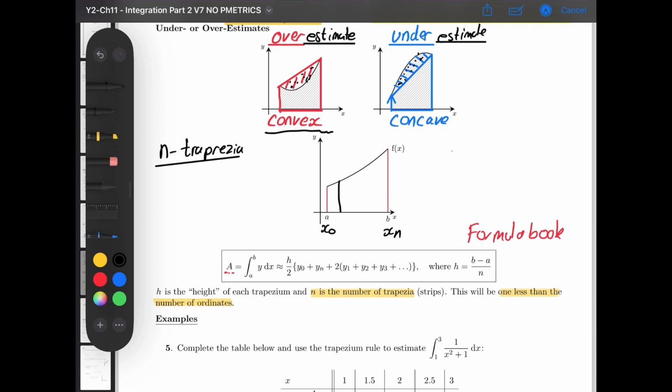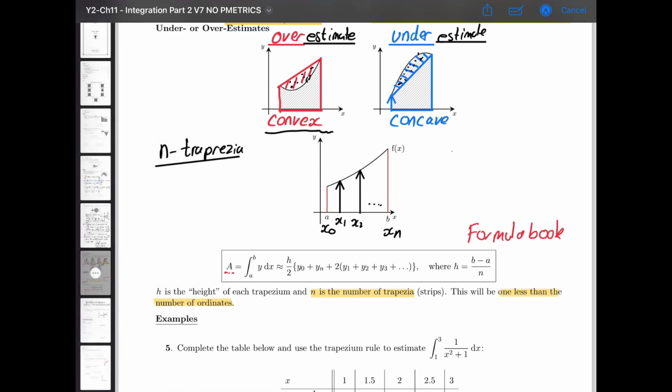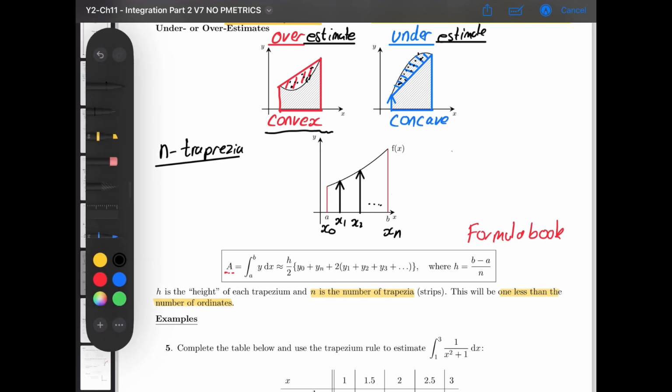And we'd split it up into trapeziums like so, x1, x2, and then dot dot dot until the last one. But to work out the area of trapeziums, we also need to know the y coordinates. So for x0, we would have a corresponding y0, for x1, a corresponding y1. For each value, we'd have a corresponding y value.